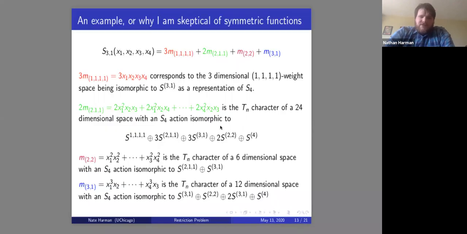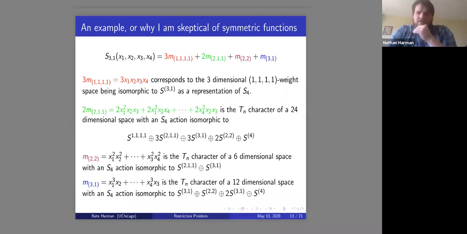Okay, so this slide, I'm just going to throw it all out here to begin with. This is an example, and it's also why I'm skeptical of symmetric function approaches to this problem. I have it color coded and broken down. This is a Schur polynomial, S31, expanded out in the monomial basis of symmetric functions.